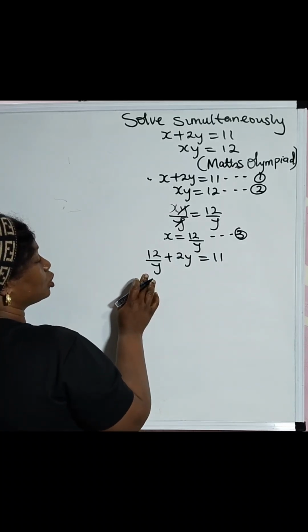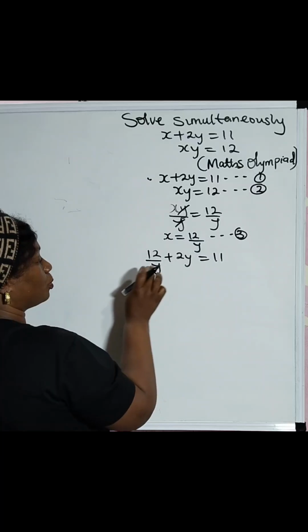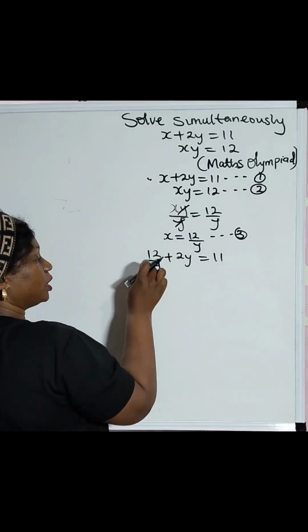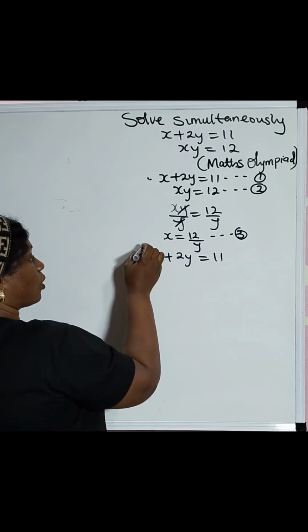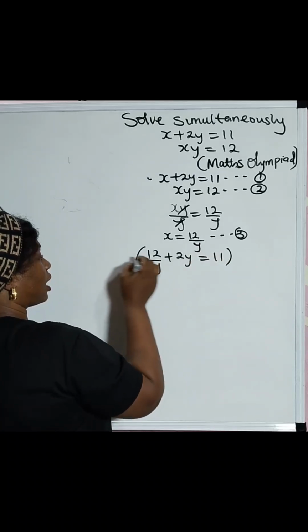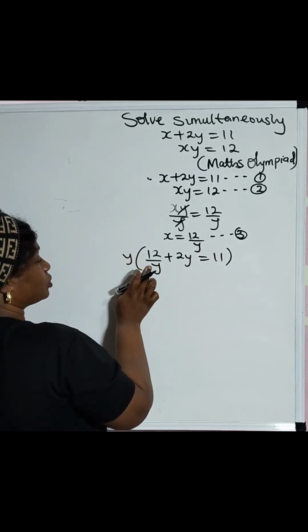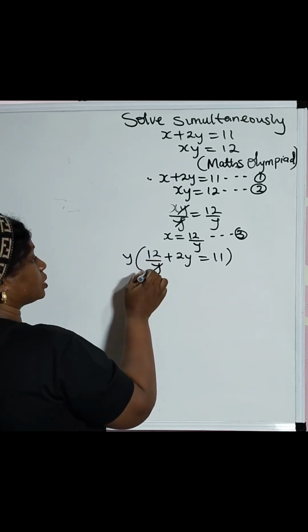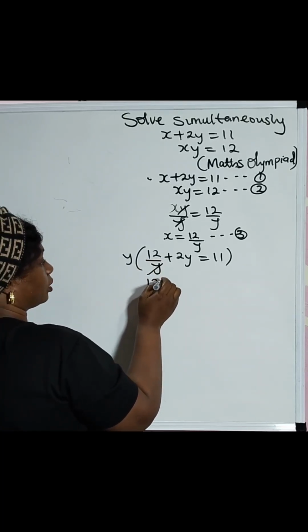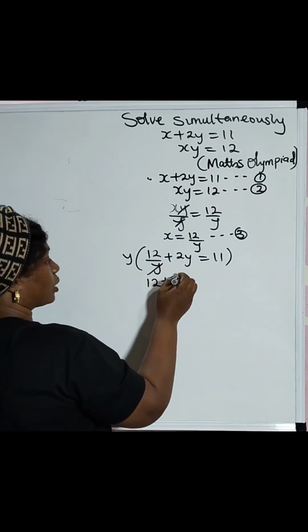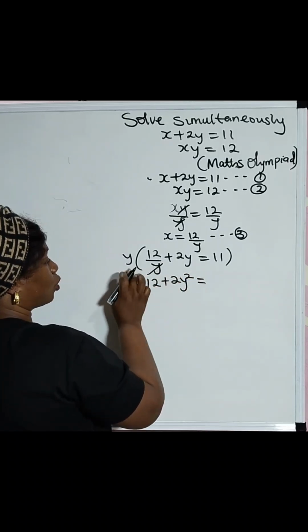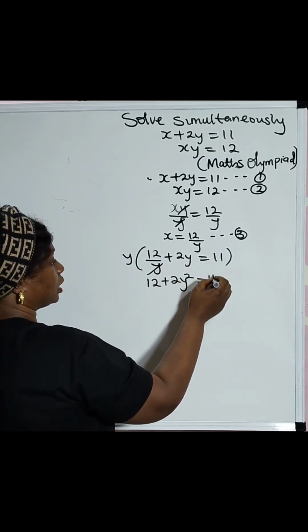Now, I'm going to multiply all through by y so I can eliminate this y. Y times 12 over y, we remove this. Now we have 12 here, plus y times 2y will give us 2y squared, is equal to y times 11 will give us 11y.